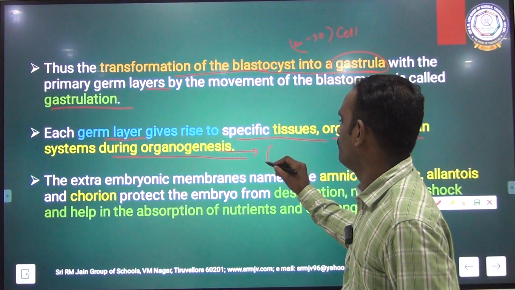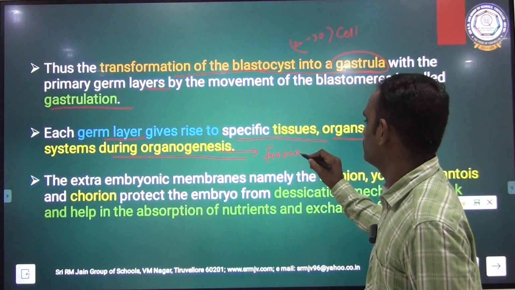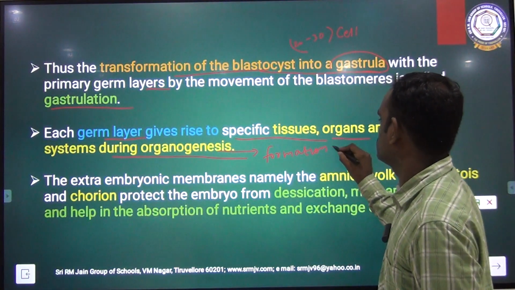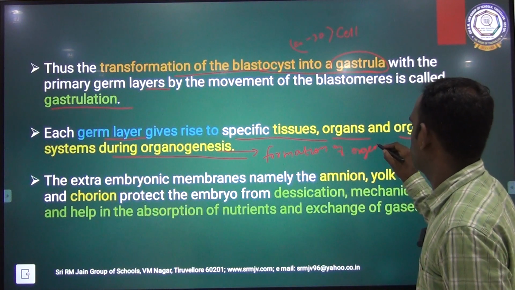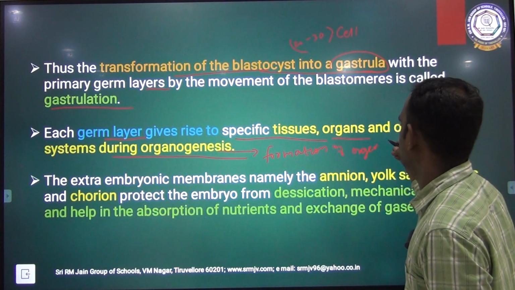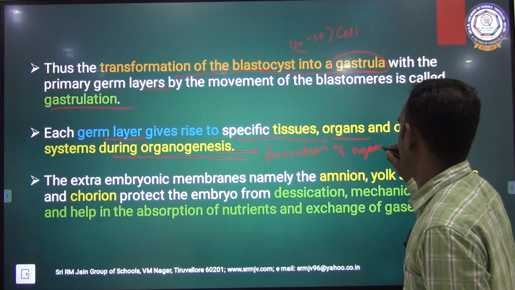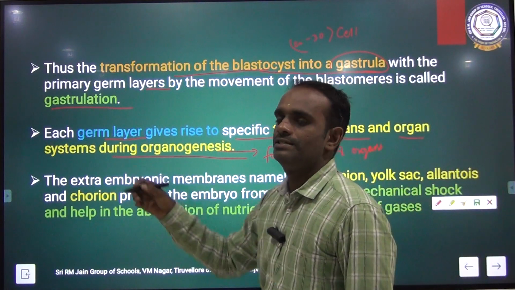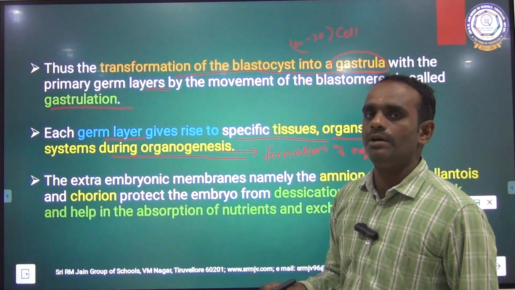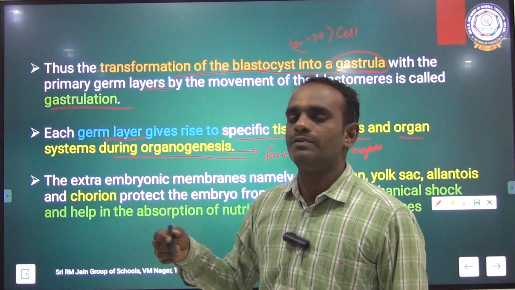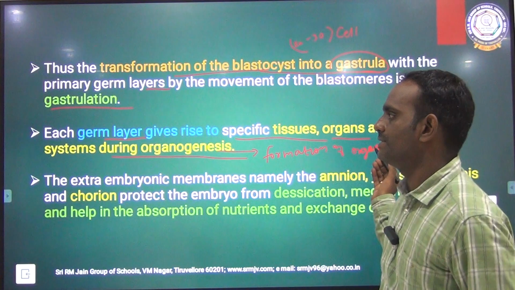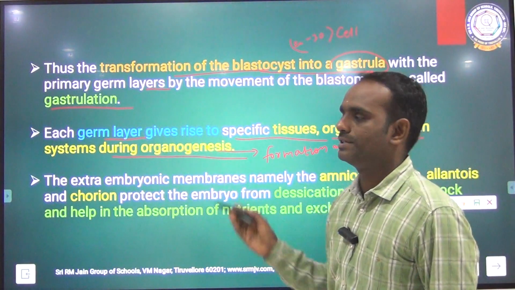Organogenesis is nothing but the formation of organs. Clear? So each germ layer gives rise to specific tissues, organs and organ systems during organogenesis.